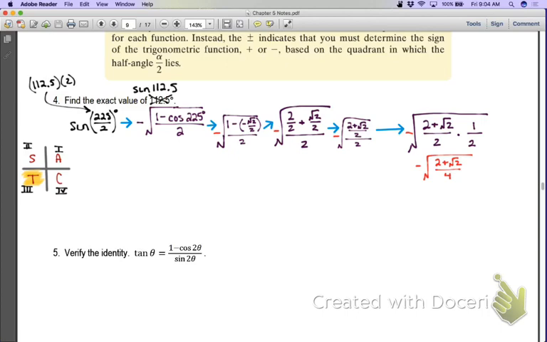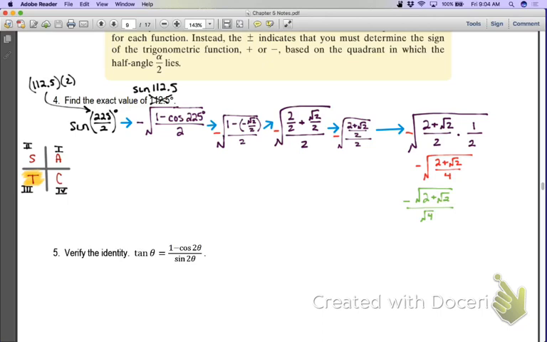Can anything simplify on top, or is everything going to be underneath the radical still? Everything's still underneath the radical, right? What's going to happen if I rewrite this as negative... what's going to happen to that 4?